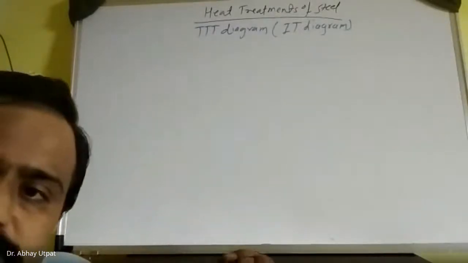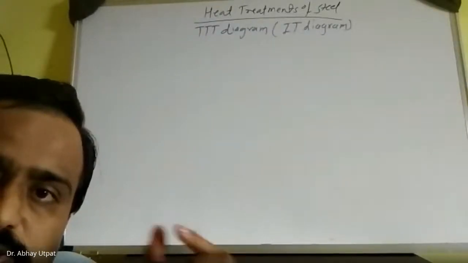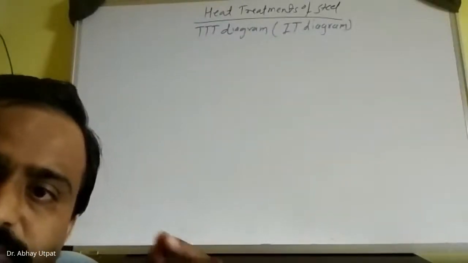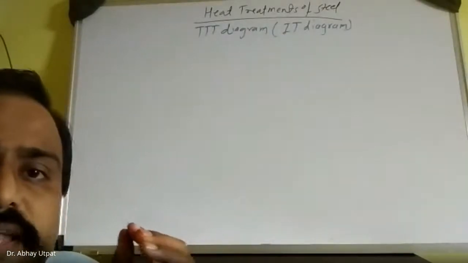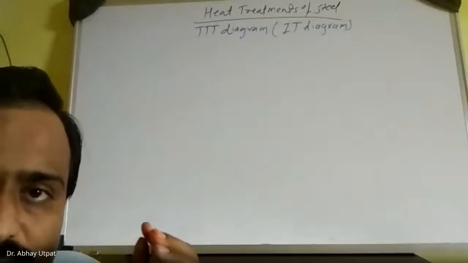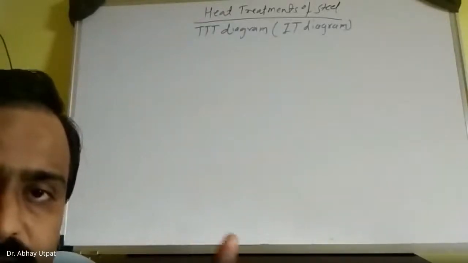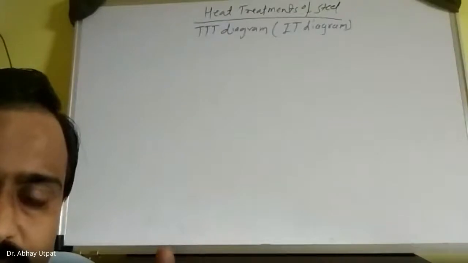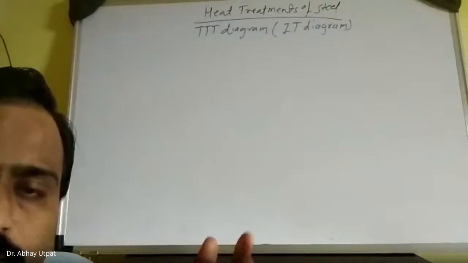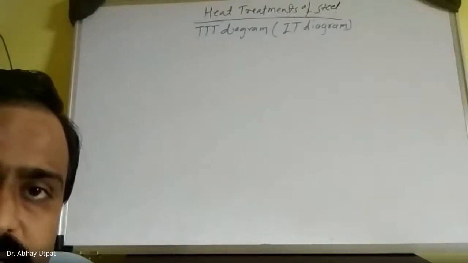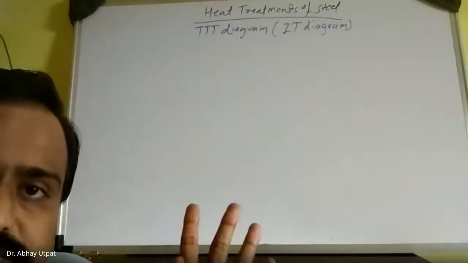Now you have studied thermodynamics. You know what is isothermal transformation. So when any activity takes place at constant temperature, then it is called isothermal transformation. So here, transformation of austenite into pearlite, or austenite into bainite, or austenite into martensite takes place at constant temperature.